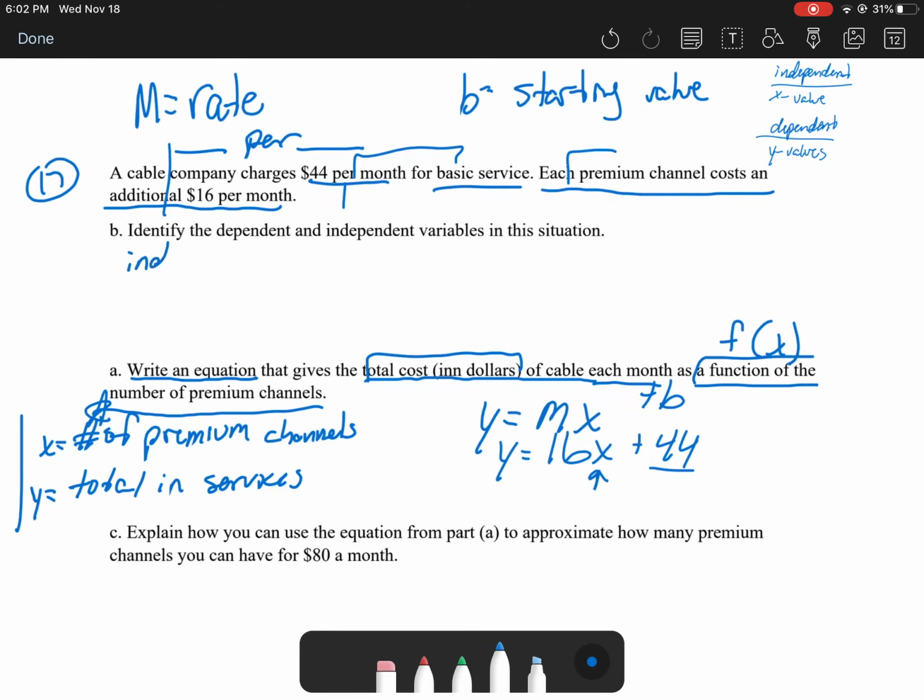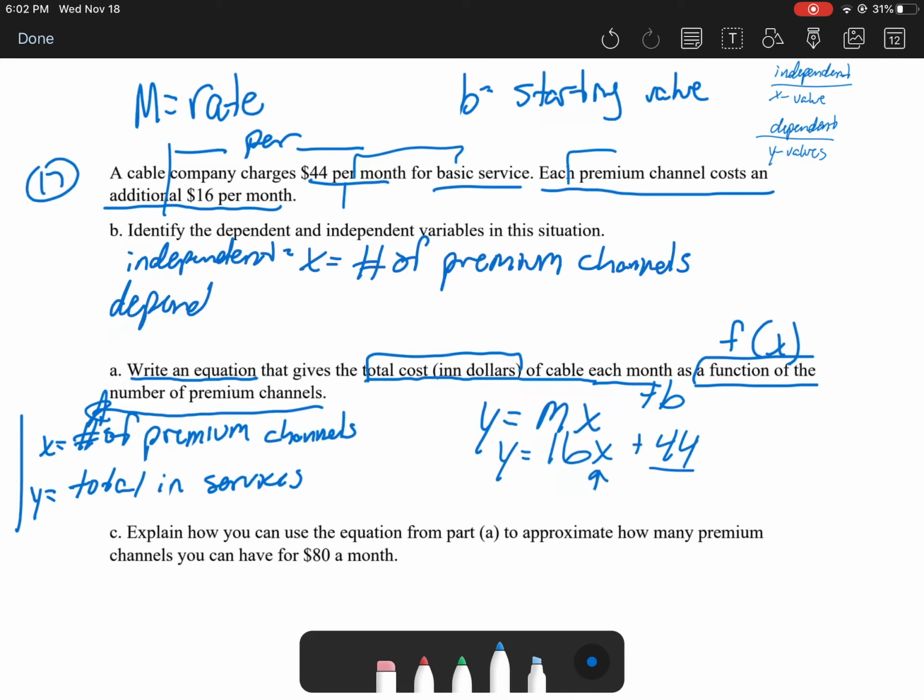So I know that my independent, or my x, is equal to the number of premium channels, and my dependent, or my y value, is equal to the cost in services.